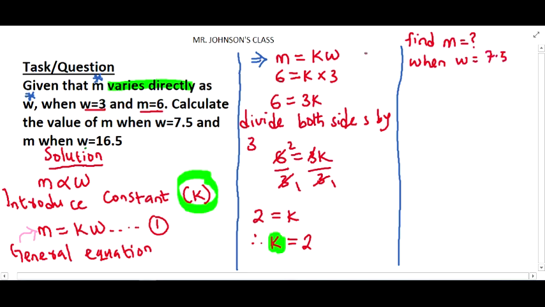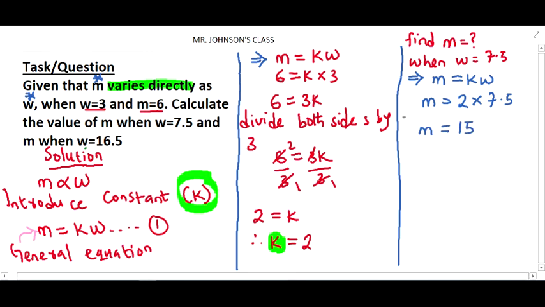Everything we do in this math, we always bring back our general equation, which says that M equal to KW. Now we're looking for M, but we've solved and gotten the value of K. K is 2. So 2 multiplied by W, which is 7.5, and M is equal to 2 times 7.5, which is 15.